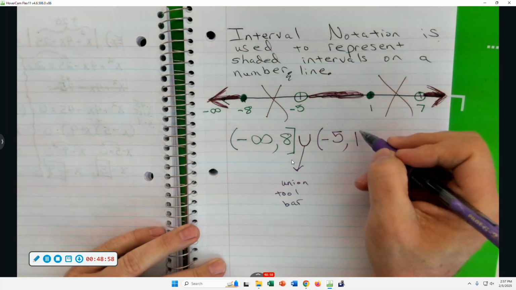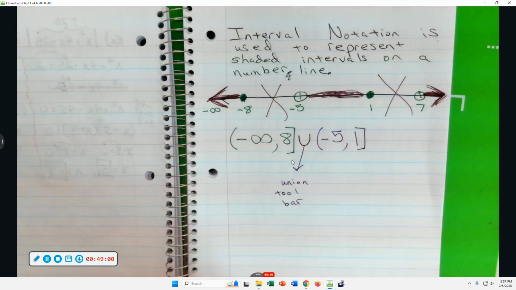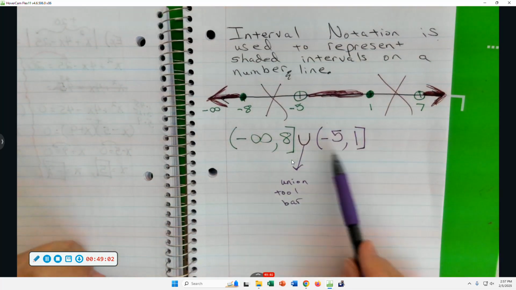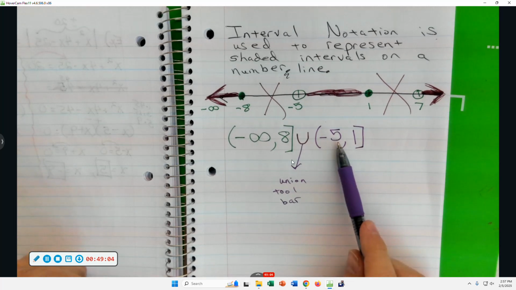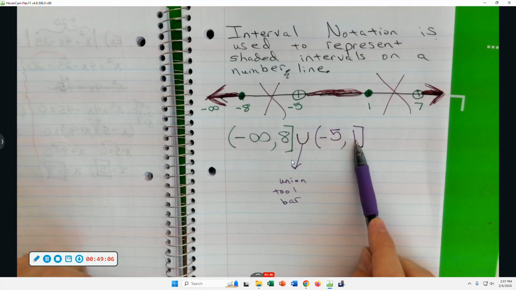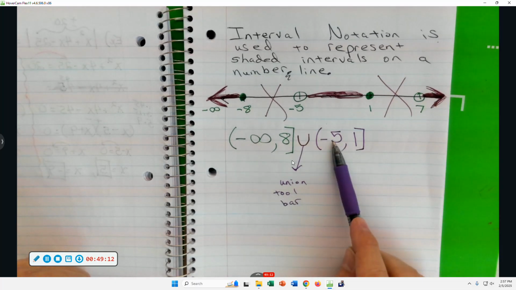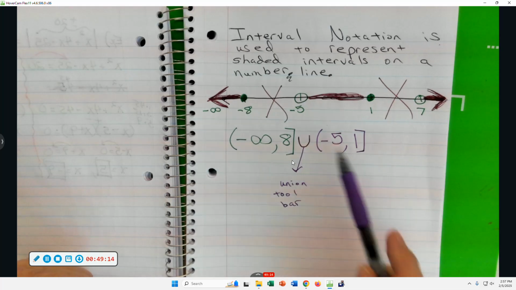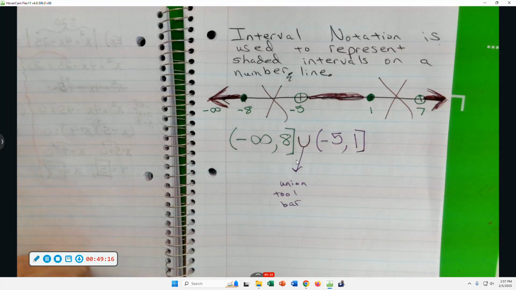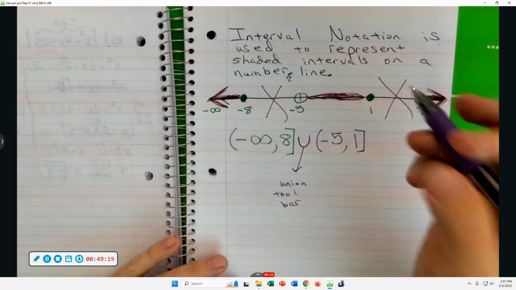It's shaded, so we have another rectangular bracket. This little interval is saying every number between negative 5 and positive 1 on the number line. It includes 1, but it doesn't include negative 5. So it's a shorthand notation, what you're saying. Yes. Okay.